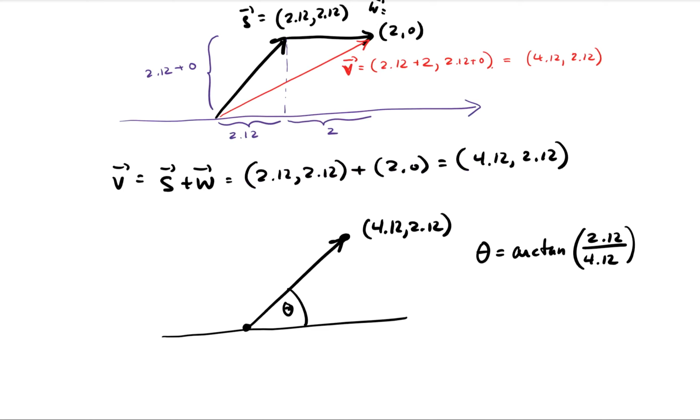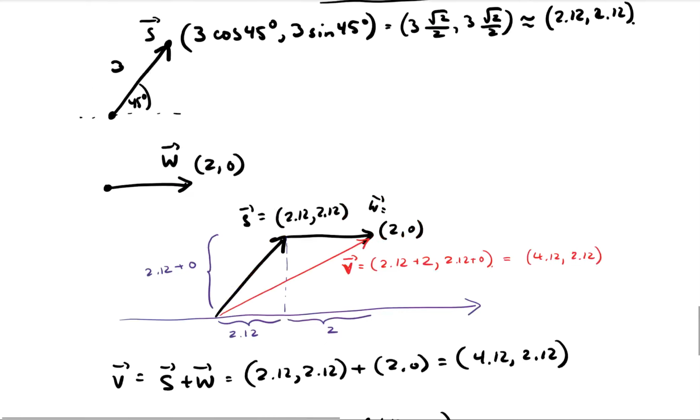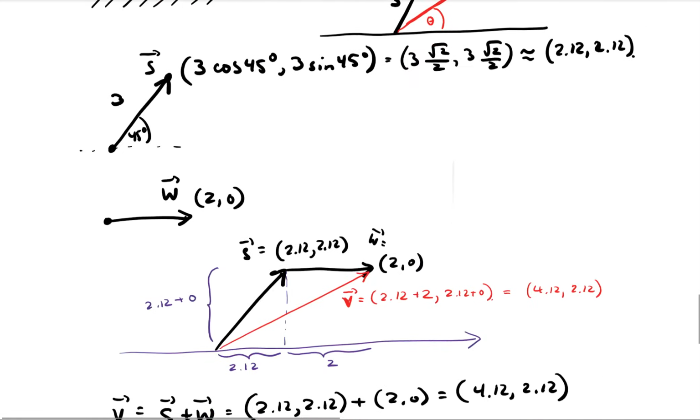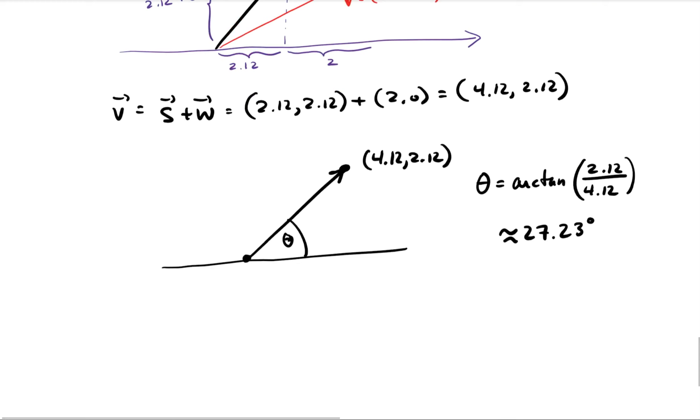Okay, so this is basically doing the arctan of the opposite side over the adjacent side, and we get here an angle of 27.23 degrees, and so it makes sense because we were anticipating an angle that's less than 45. Remember, the swimmer is swimming at an angle of 45, so this angle theta should be less than 45. We see it on the diagram, so this makes a lot of sense.